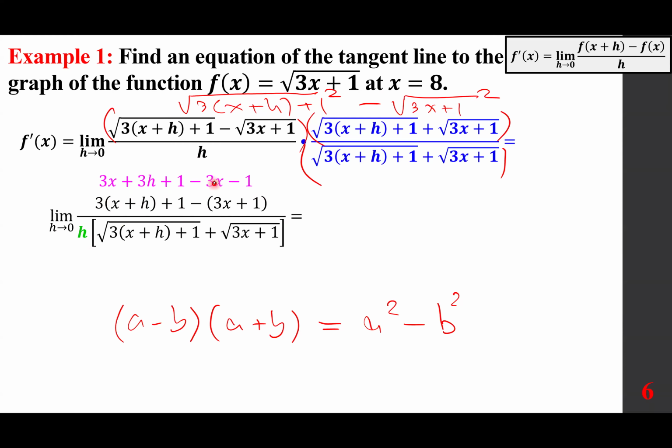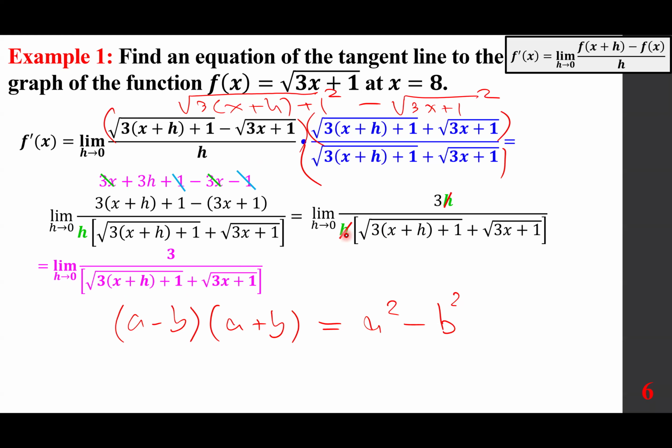The 3x and minus 3x cancel each other. Positive and negative 1 cancel each other. And the numerator is only 3h. And notice h cancels out the h. And we get the limit as h approaches 0 of 3 over the square root of 3 times x plus h plus 1 plus the square root of 3x plus 1.